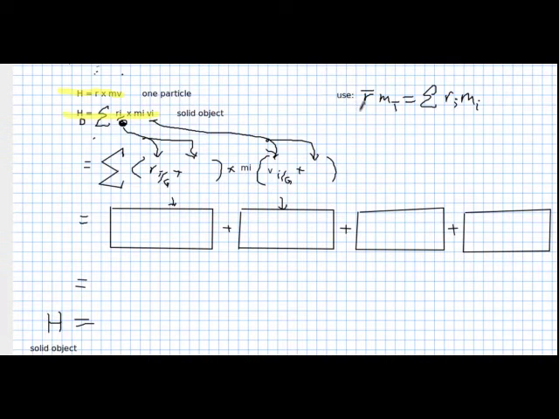As a hint, though, use this relationship that the sum of the distances from the individual point I to point O times those masses equals the location of the center of mass compared to point O. So that's basically point G compared to O times the total mass.